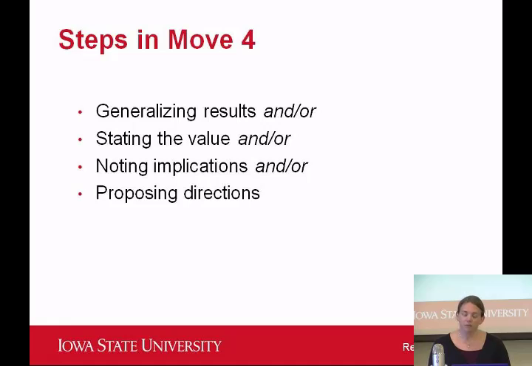So within move 4, we have 4 steps. And some of these steps may or may not appear depending on your particular discussion and conclusion sections. We're going to go through each step separately, and we'll discuss the main functions of that step, some types of language that can indicate that a sentence is functioning in that way, as well as look at some example sentences.